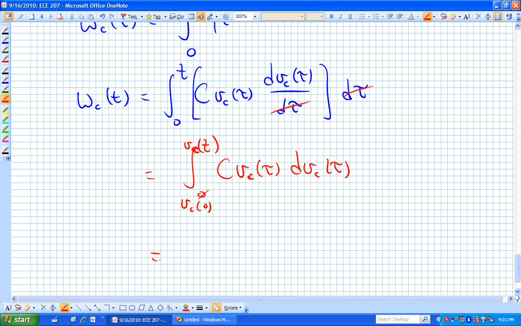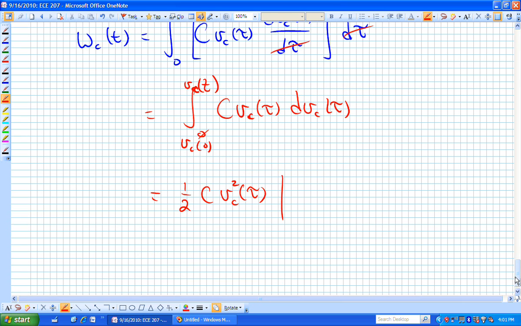What's the integral of x dx? 1/2 x squared, right? So now we're basically doing that with voltage, and we now have 1/2 C V sub C of tau squared evaluated at, let's say, V sub C of 0, or when tau is equal to 0, and V sub C of tau equal to t.